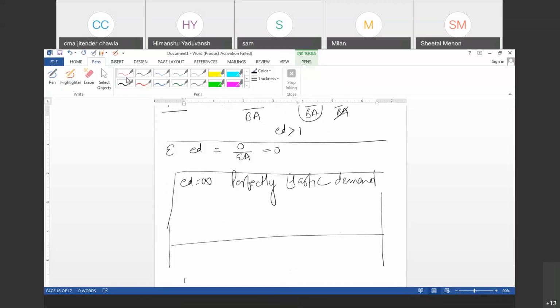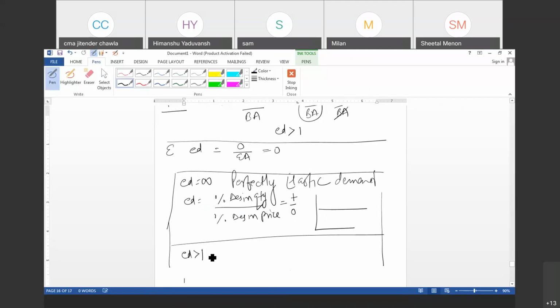Just consider ED is equal to percentage change in quantity divided by percentage change in price. So there is some change in quantity, but there is no change in price. That means price remains constant, that is parallel to the x-axis.